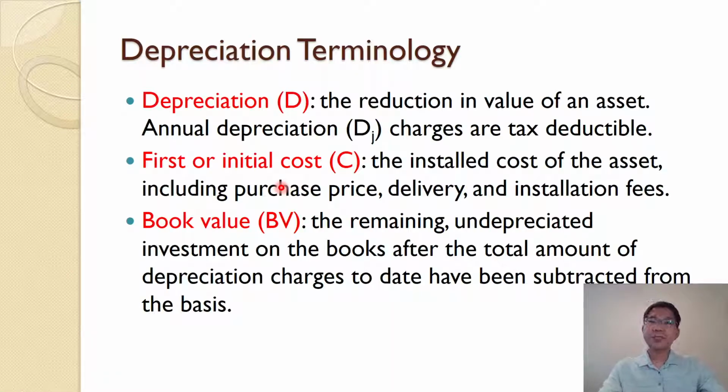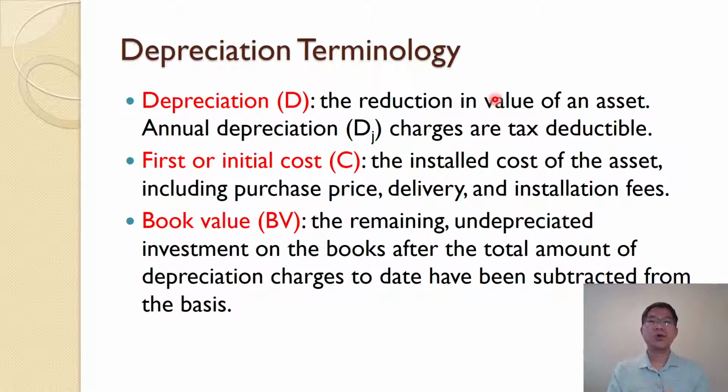First, depreciation D is the reduction in value of an asset. So annual depreciation at a certain year j, we call D sub j, and again, as we mentioned earlier, that is tax deductible. And it depends on how much you invest for that equipment or facility, which we call first or initial cost.